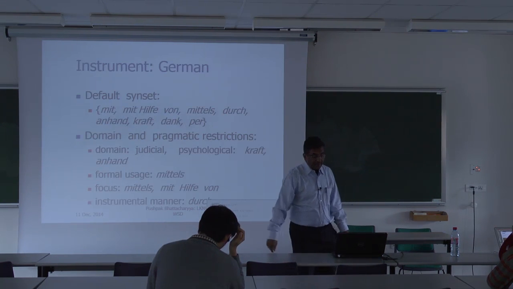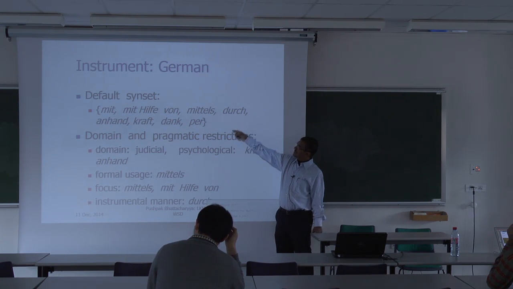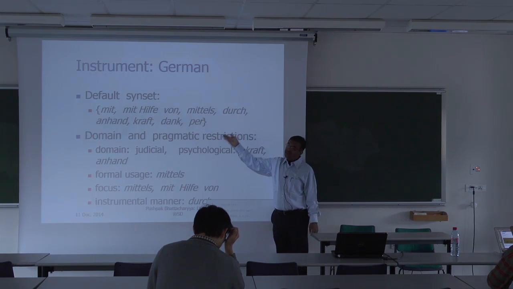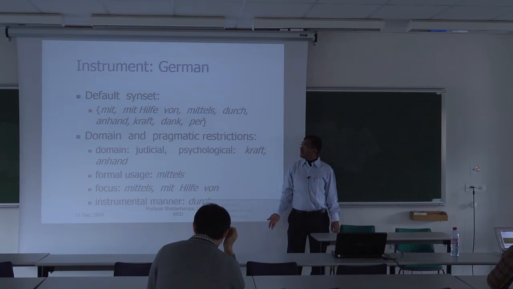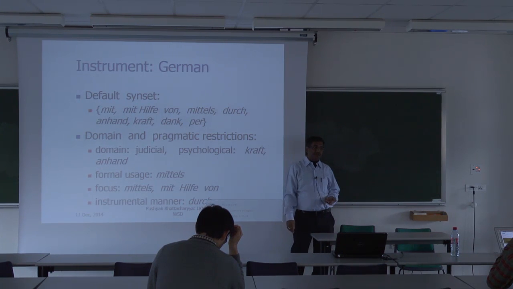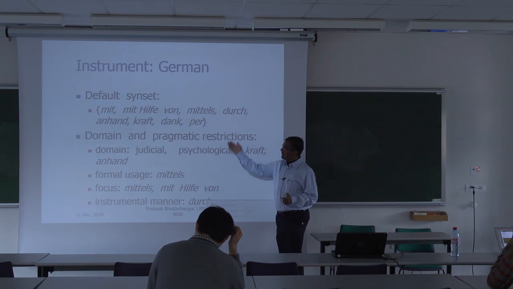In German, again, we have instrument captured by a number of such words. Of course, there are shades and nuances, but we see them grouped together because they can capture the notion of instrument with different facets. Of course, the abstract notion was described with facets, so their facets can be different.